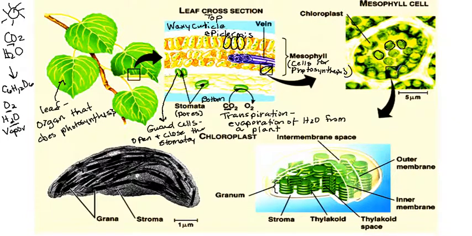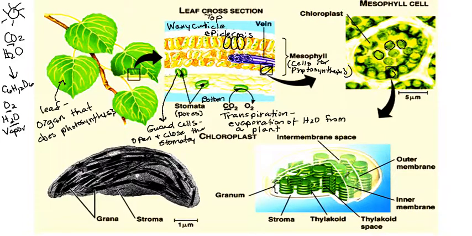So we need to take one of these chloroplasts and blow it up and make it big. And it would look something like this diagram. This would be what it would look like in real life. This is a very strong picture of a chloroplast under an electron microscope. So this is a diagram of what a chloroplast would look like.